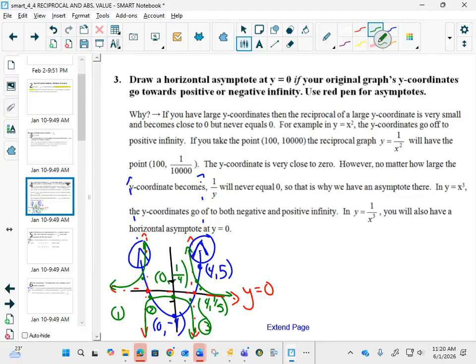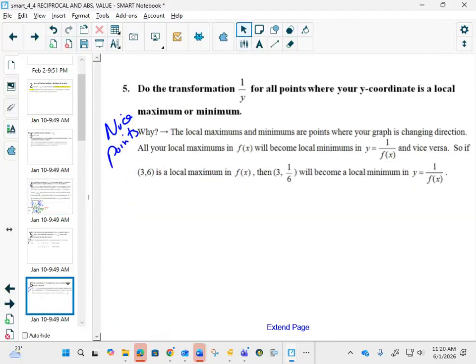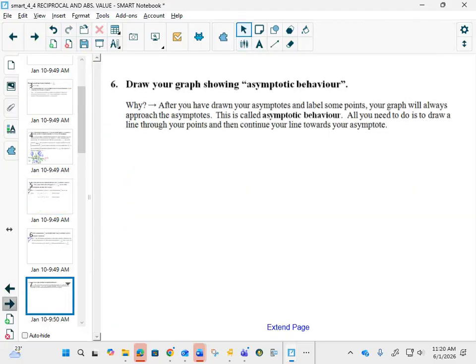The other thing about a 1 over f of x graph is since the top is 1, your reciprocal graphs will have no x-intercepts, with the one exception of cotangent, but we'll get to that when we get there. So that's what step 6 says. We just draw the graph towards the asymptotes once we have nice points in each section.